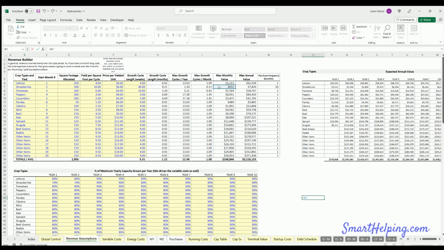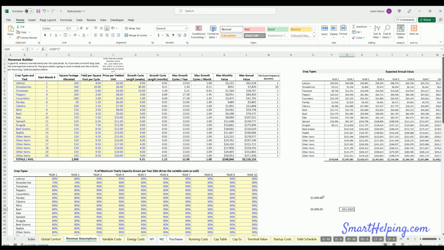So this times 6 is 3,900. If you take your square footage times yield per square foot times this, 6,000 in a given cycle, and we're saying 1 month is 0.11.